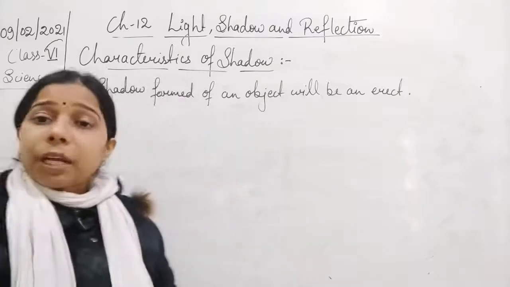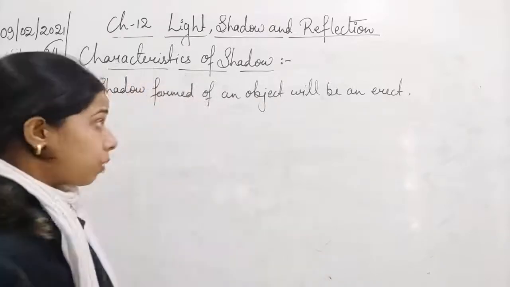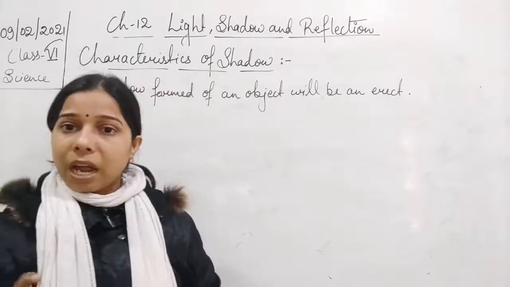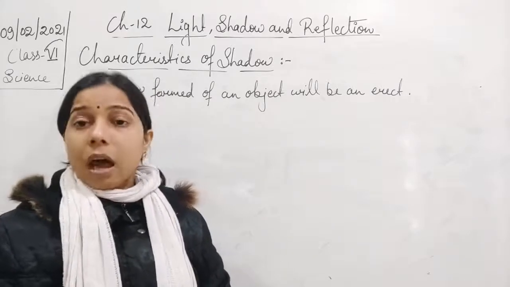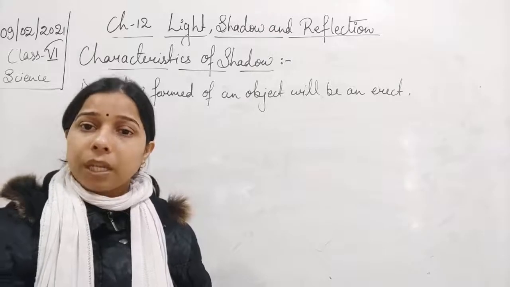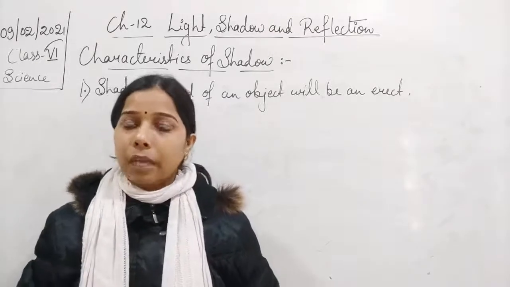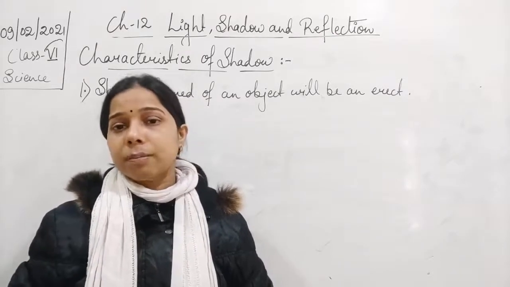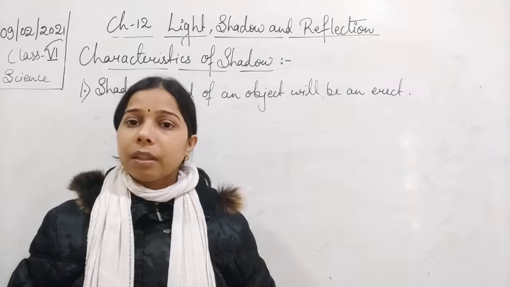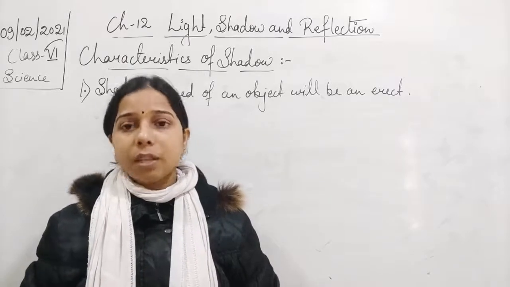Then the second one, that the shadow is a real one. Why real, student? Because the shadow is formed on a screen. We are obtaining it on a screen, and the image that we obtain on a screen is a real image. We have seen in case of a pinhole camera also, there is a translucent screen, and on that translucent screen we have obtained the image of the object.